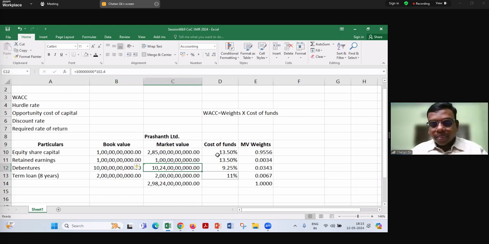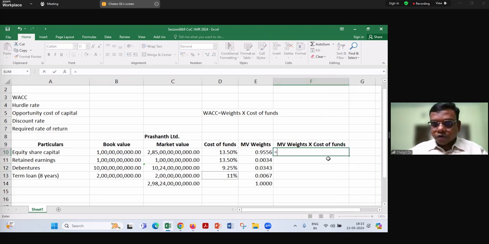Understood, right? Okay. So now I would like to compute WACC. How to compute WACC is market value weights multiplied by cost of funds. Okay, so how to do that? You know that it is just a cross multiplication.